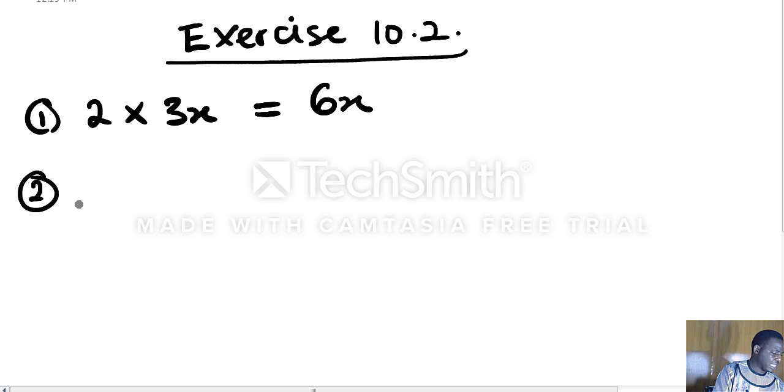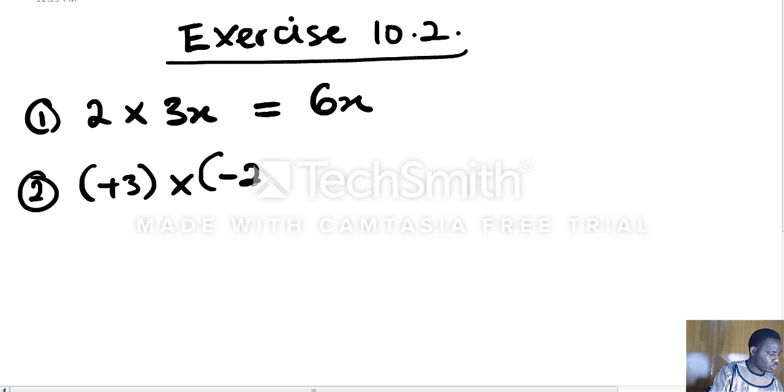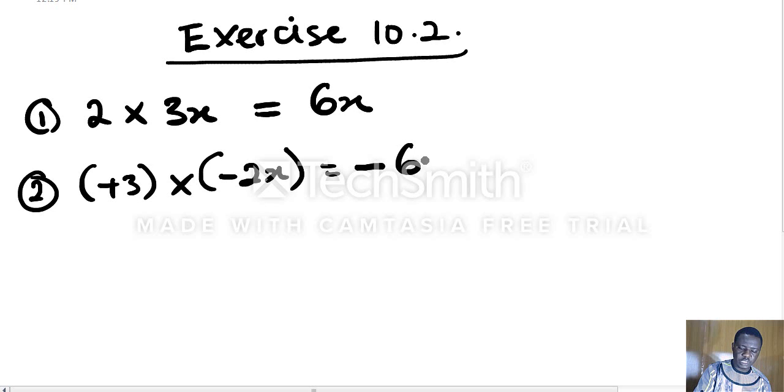Number 2 says positive 3 to be multiplied by negative 2x, and this is going to give us, this will be equal to positive times negative is negative 6x.